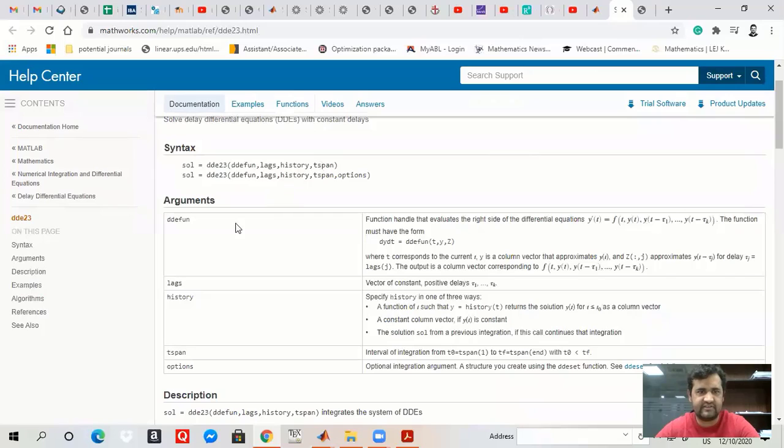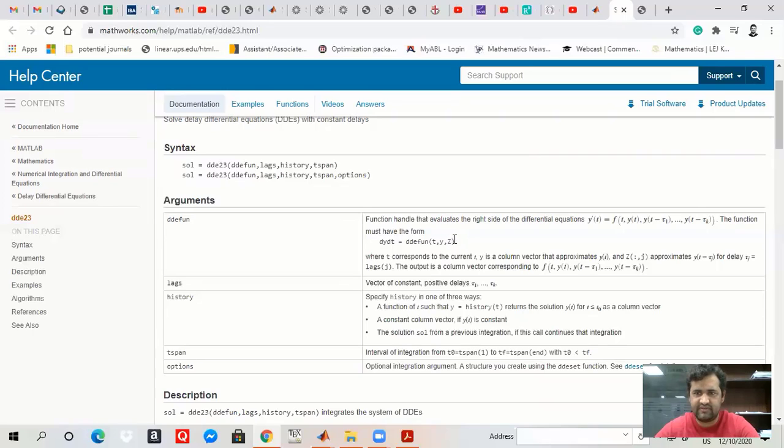So for instance, for this argument, this function will basically evaluate the right hand side of your delay differential equations, and this function must have this form. Your t is of course the current time, and then this is basically a column vector that will approximate your solutions y(t).